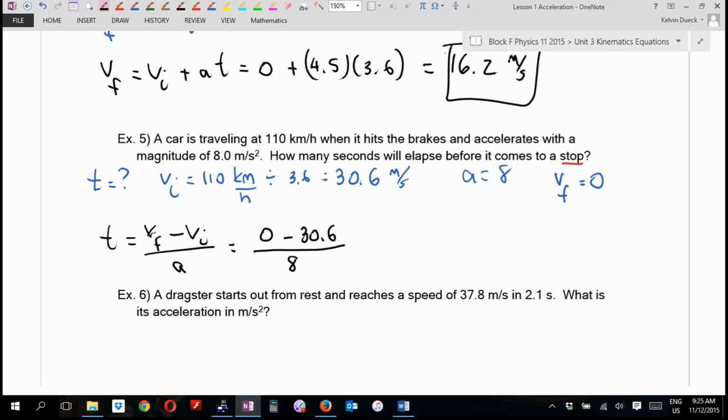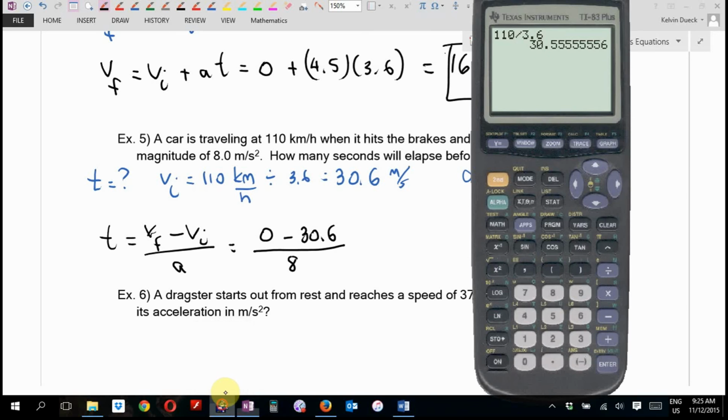So here's a third thing you can't forget. I missed that on purpose to let you know that if you do miss that, hopefully when you're finding time and you get a negative answer, you'll freak out enough to know something's wonky, because we're not allowed to go back in time, no negative time. When you typed it in, you went 0 minus answer button divided by 8, and you got that, yes?